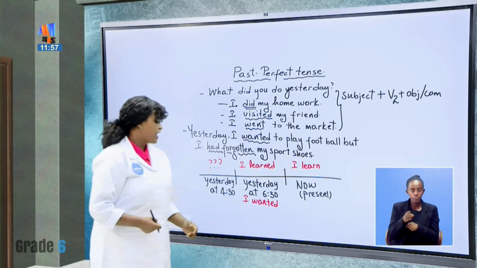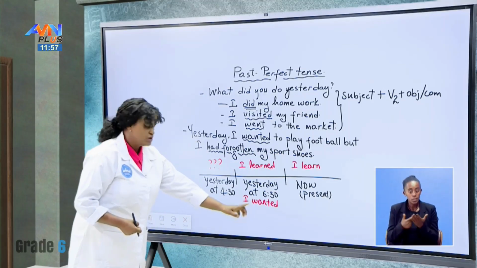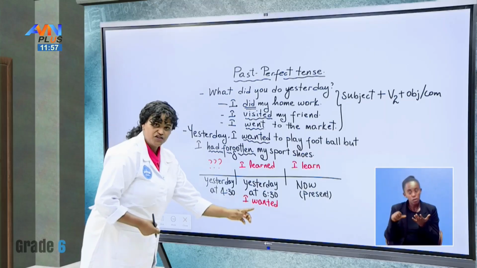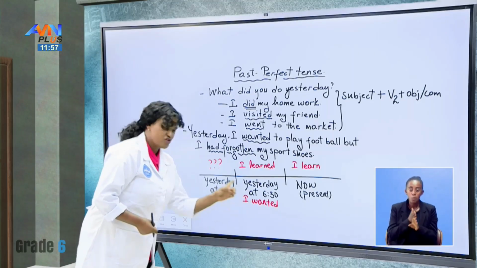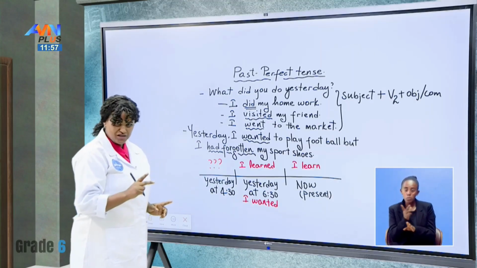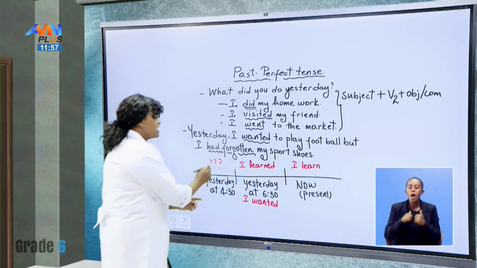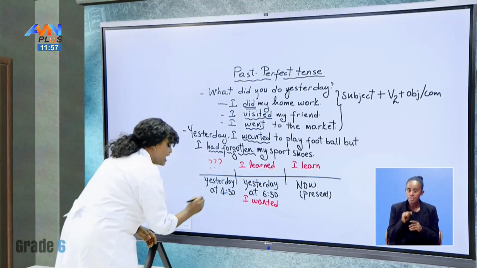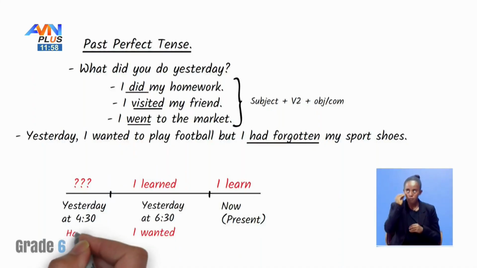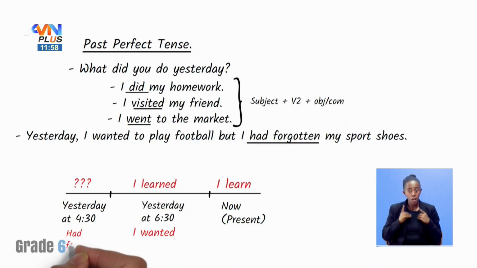Yes? Okay, so this one, which means there is another activity that has to come before this. Both of them are past. Okay? So how do I tell? I said what? I had forgotten. Had, yeah? Forgotten.